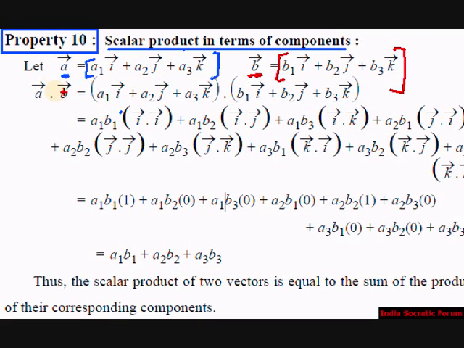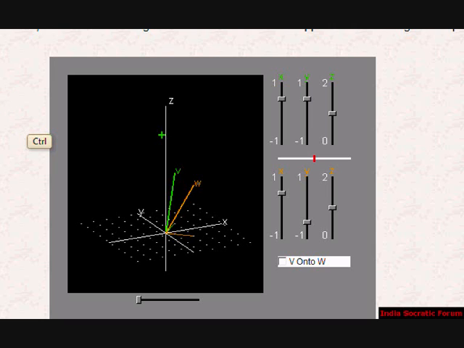So how are they located in physical space? Let's see how these two vectors are depicted physically. Assume this is the A vector, and something like this is the B vector.